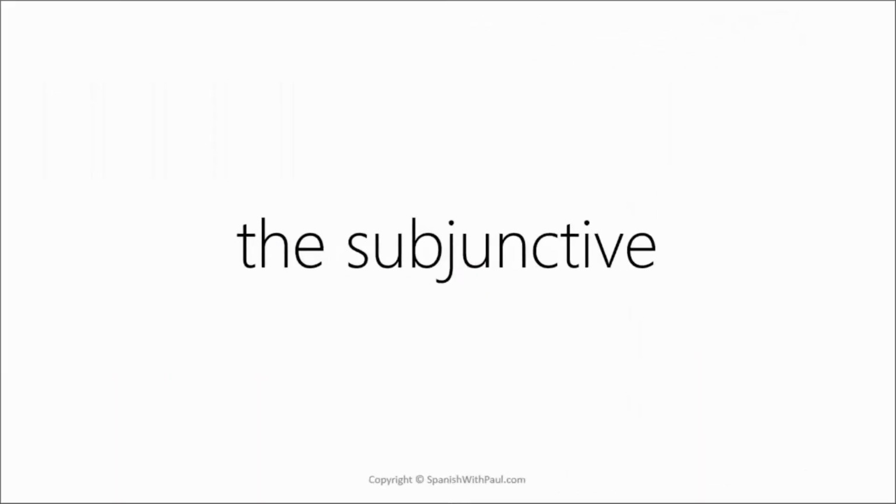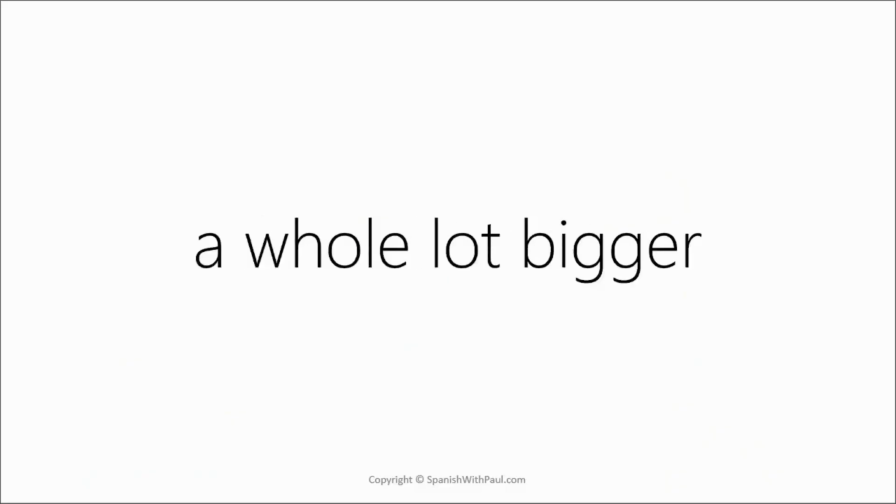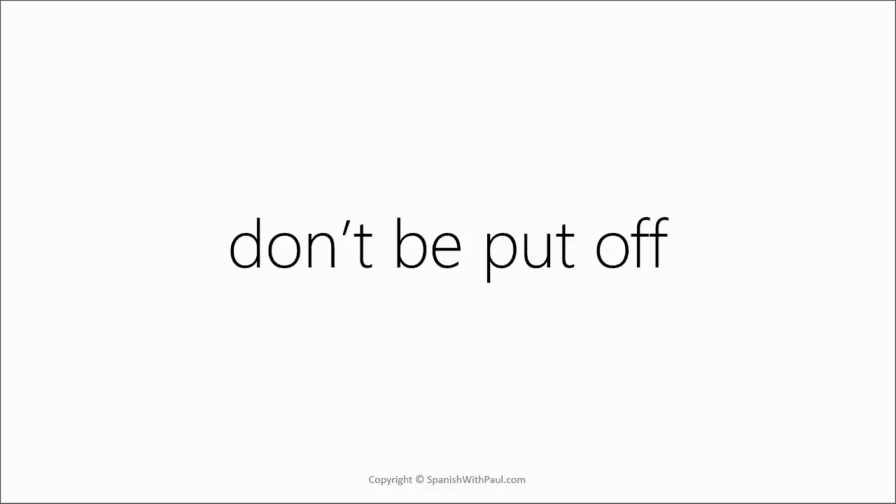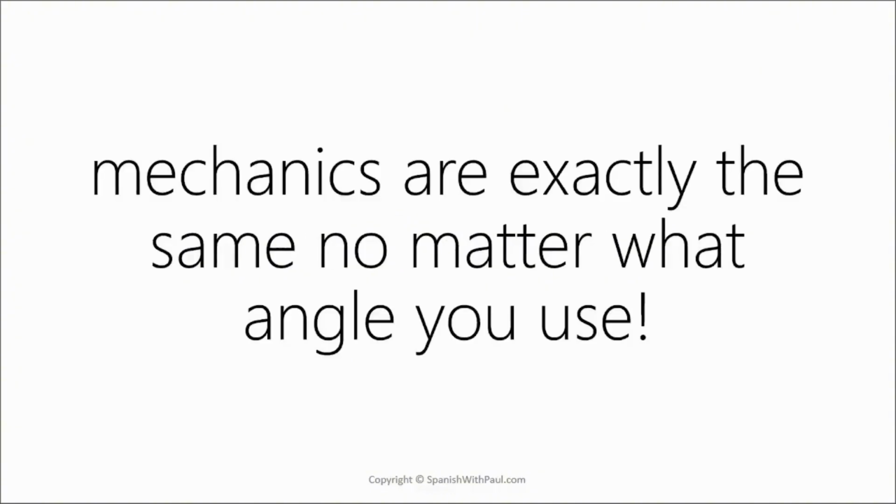Now, as you can see, the topic of the subjunctive just got a whole lot bigger in Spanish. But I don't want you to be put off by this or intimidated or scared by it, because the important thing to remember is that the mechanics are exactly the same no matter what angle you use. All that's happened is that instead of having quiero que for I want him to do whatever, it also applies to the other angles.